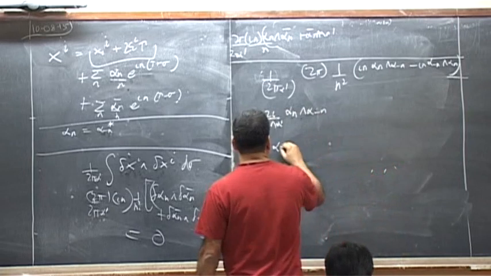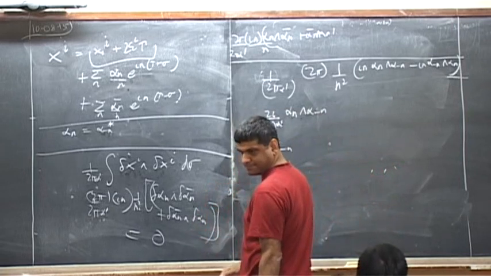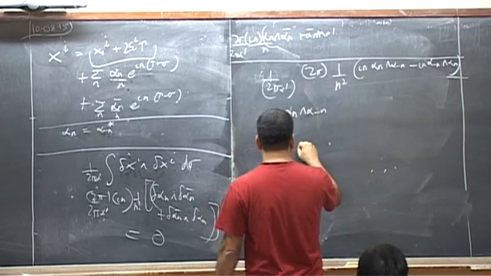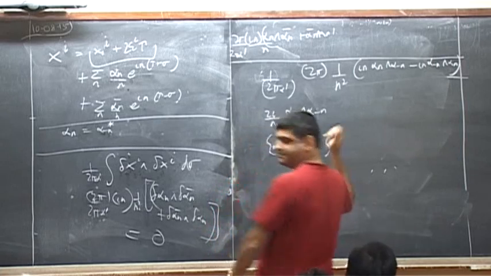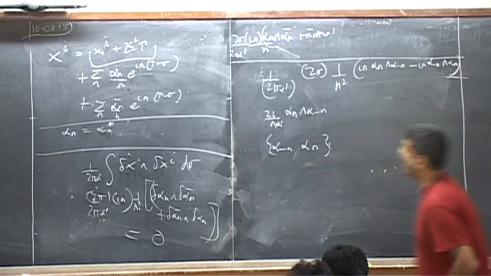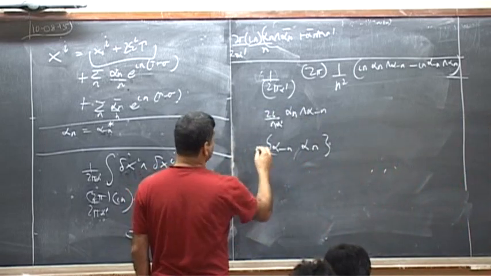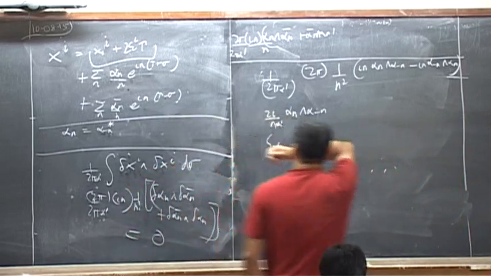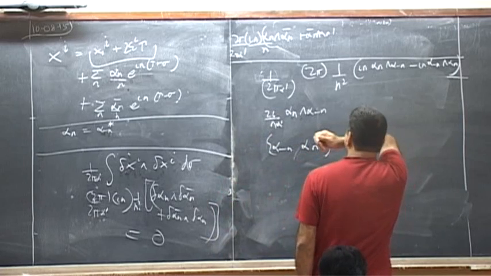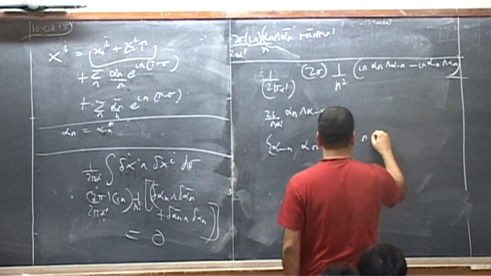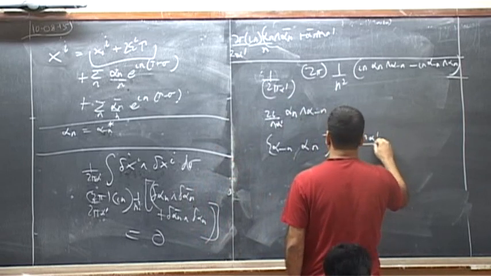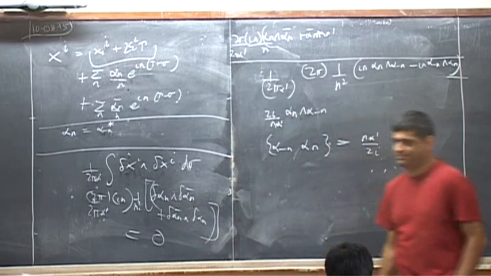So we have the Poisson bracket of alpha minus n with alpha n, and now we have to invert this, and it is equal to n alpha prime by 2i.